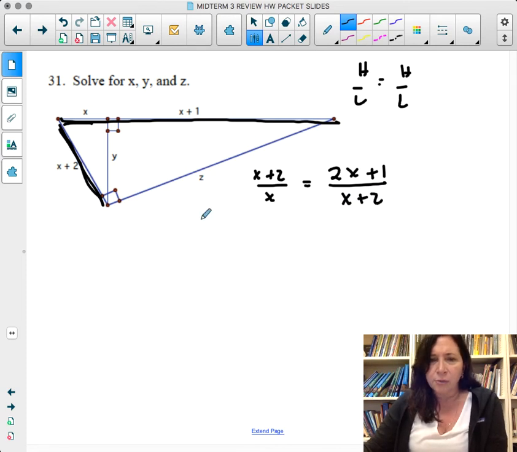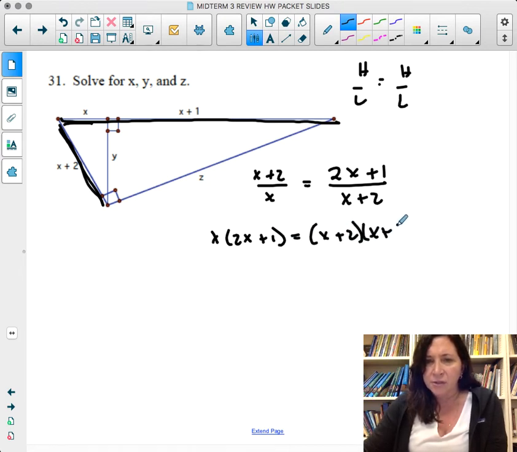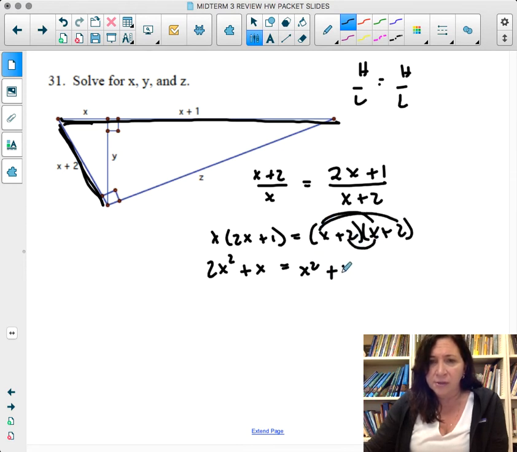And I'm going to cross multiply. I'm going to get x times 2x plus 1 is equal to x plus 2 times x plus 2. So that's going to be 2x squared plus x equals x squared plus 4x plus 4.